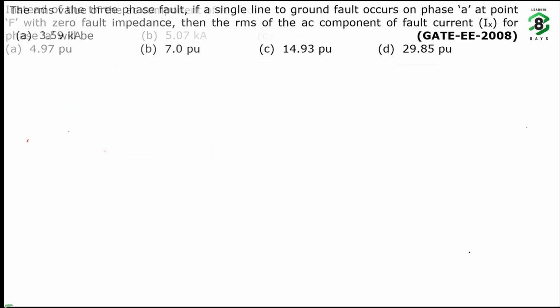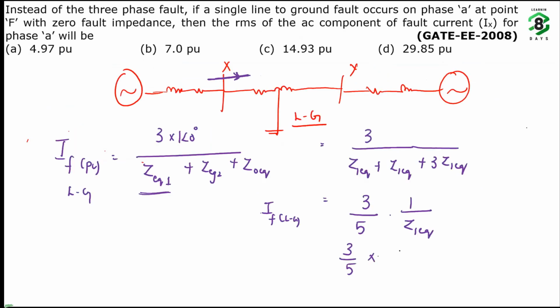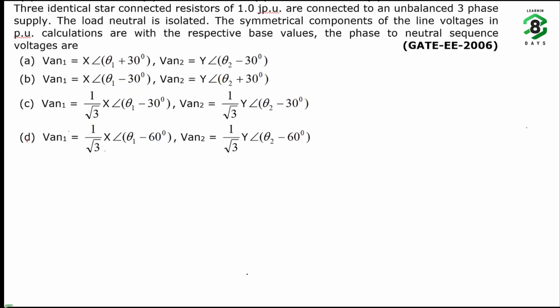So if you substitute that value here, 3 by 5 into 24.87 per unit, you're going to get 14.93 per unit RMS fault current that flows when a single line to ground fault occurs. Very, very typical question. There's one more typical question.